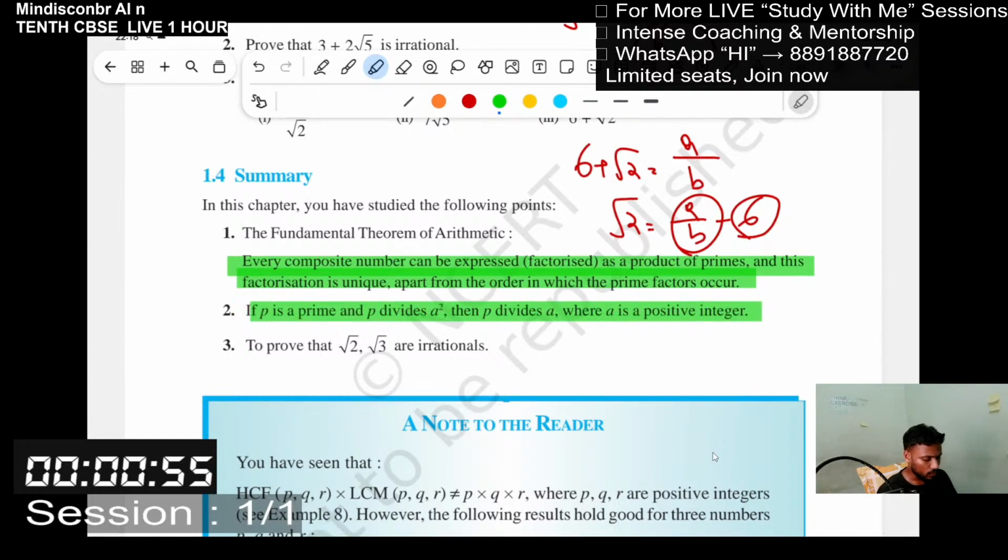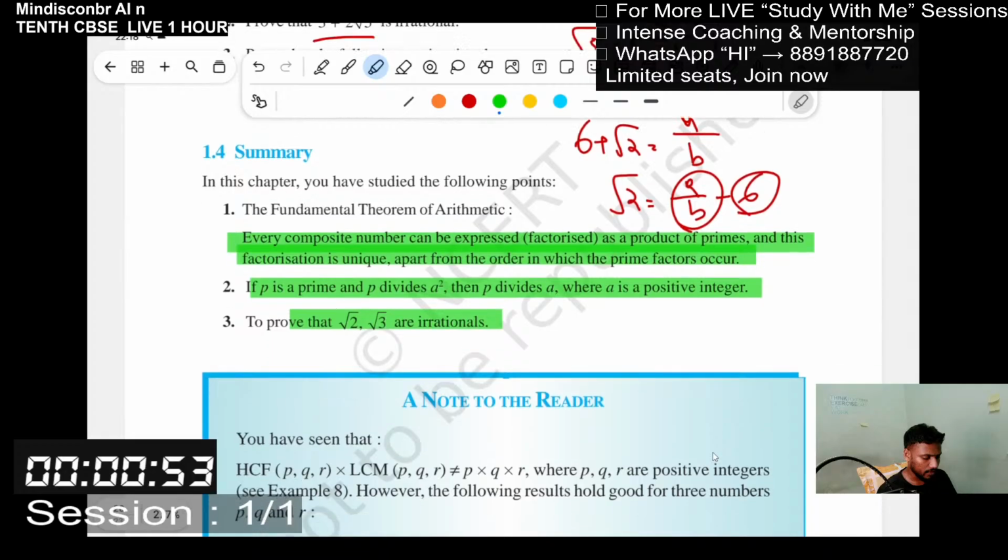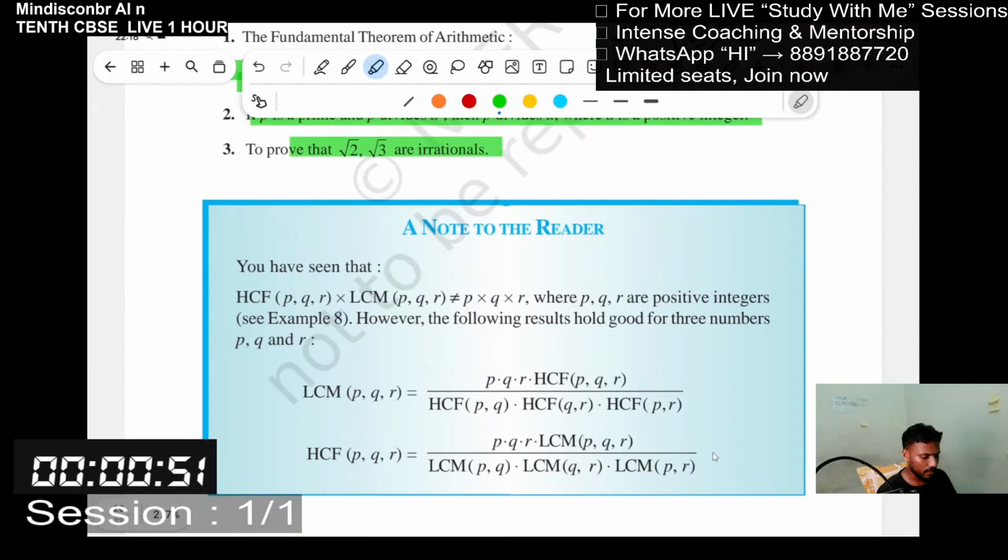This is used to prove that root 2, root 3 are irrational. That's very important. And one note is also given that HCF of p, q, r into LCM of p, q, r is not equal to p into q into r, where p, q, r are positive integers.